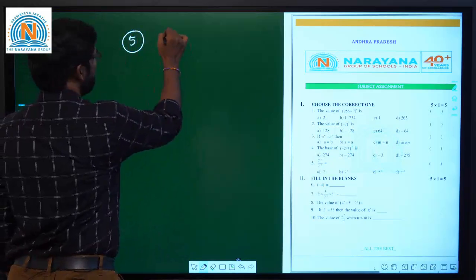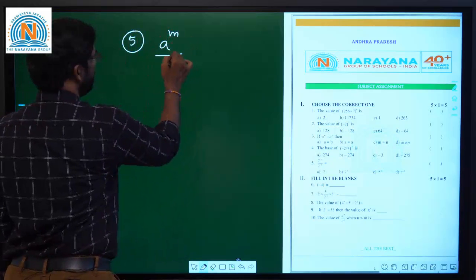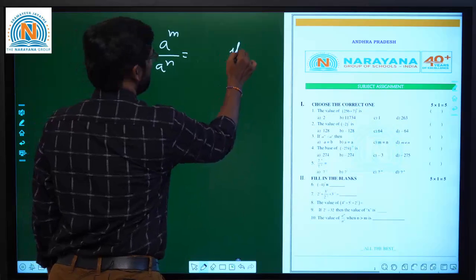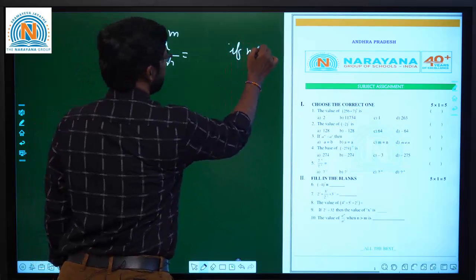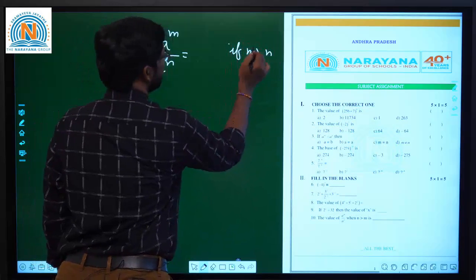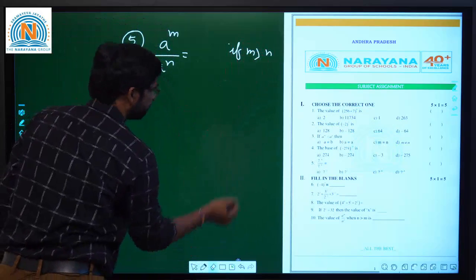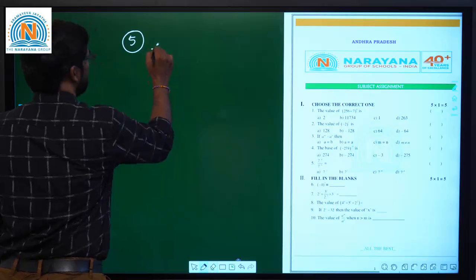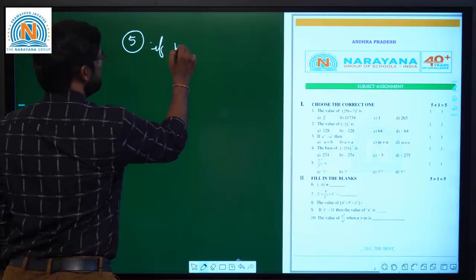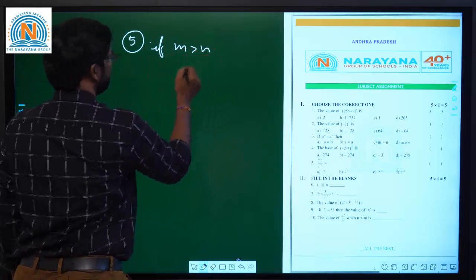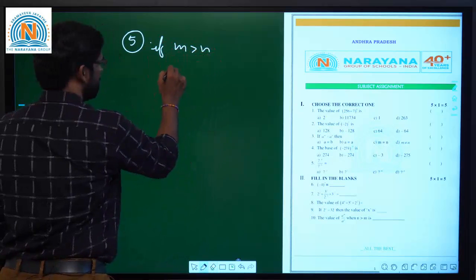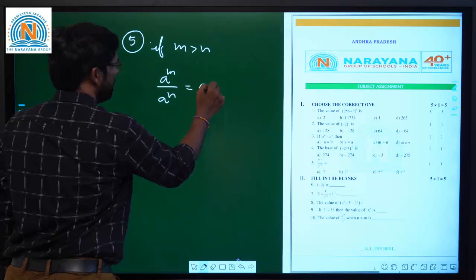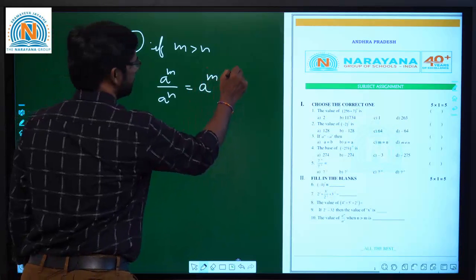Next, the fifth one. You know that a to the power of m by a to the power of n, if m is greater than n, then a to the power of m by a to the power of n equals a to the power of m minus n.